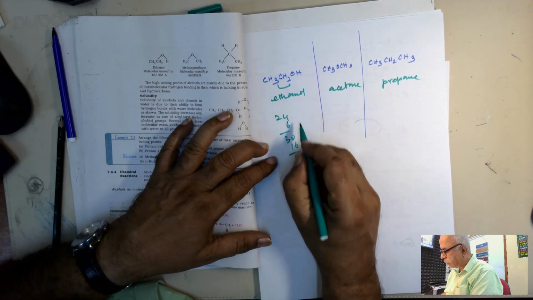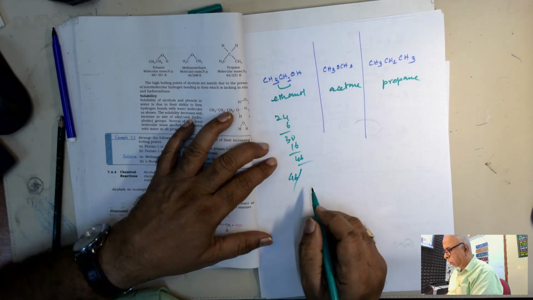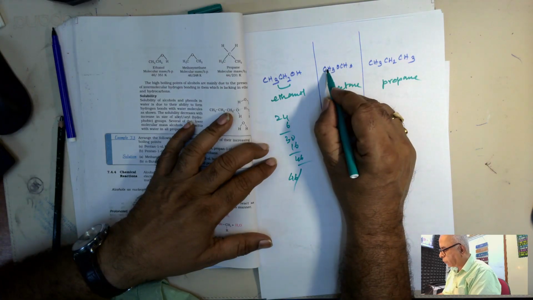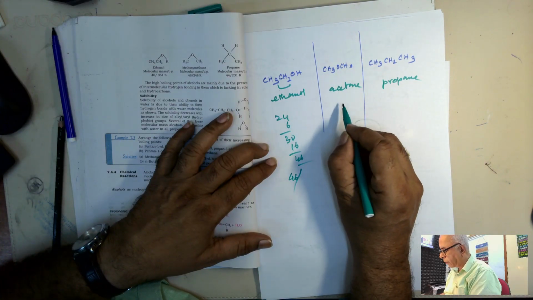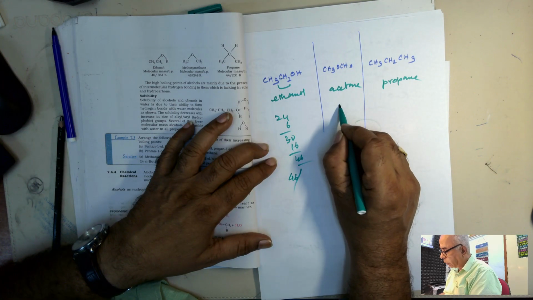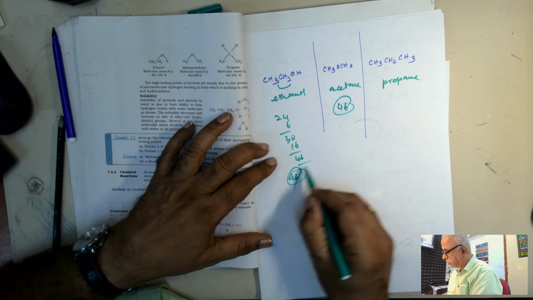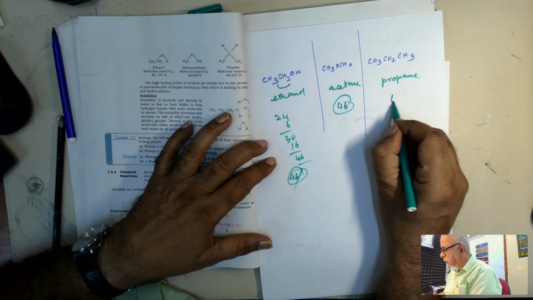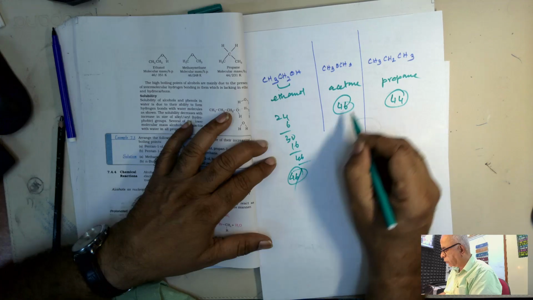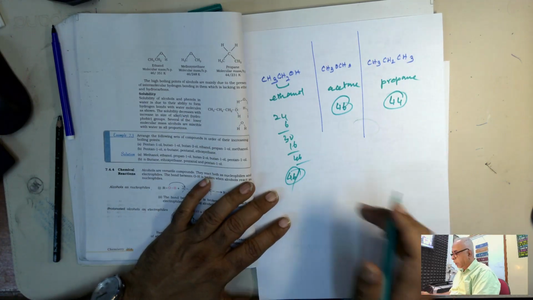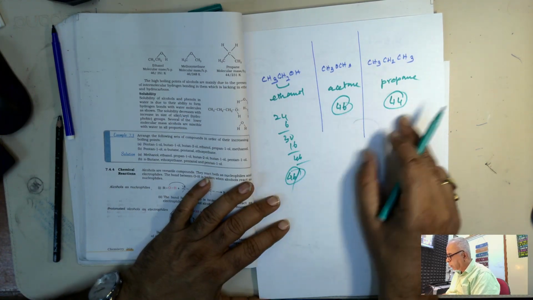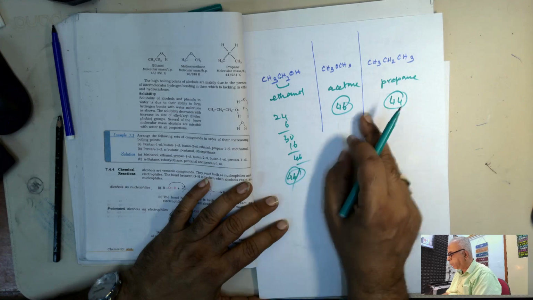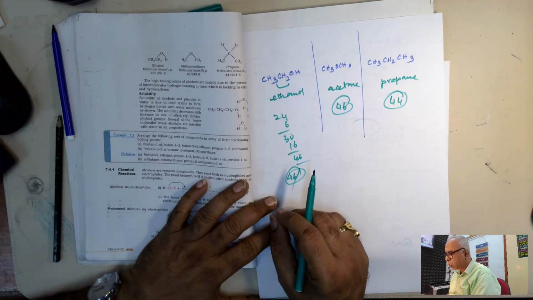So 46 is the molar mass. For acetone, it is also 46. And for propane, it is 44. Now compare the molar masses: they are almost similar. These two are the same, and this is slightly less by 2.